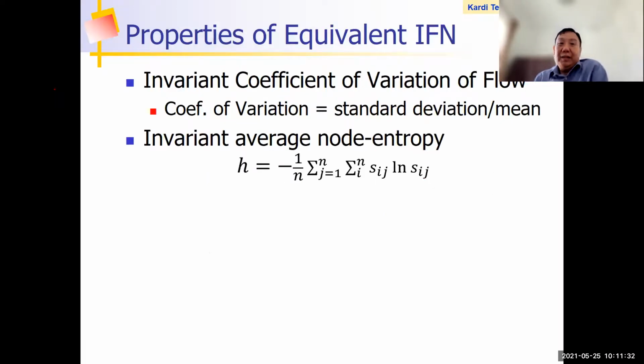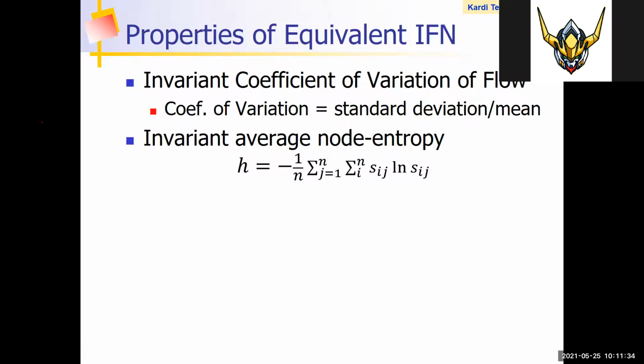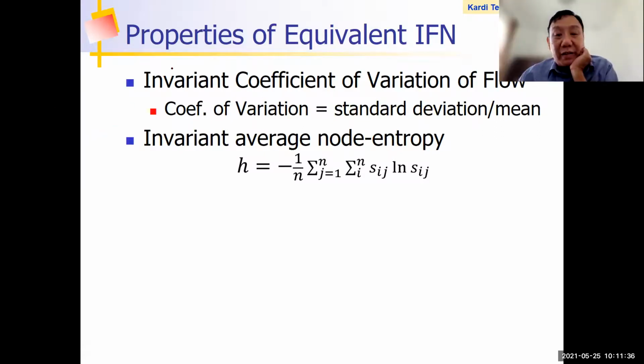So, if you have an equivalent IFN, the coefficient of variation, which is the standard deviation of flow divided by the mean of flow, is always the same. Scaling will not change it. The same thing with the average node entropy.